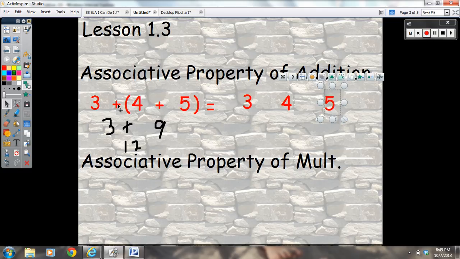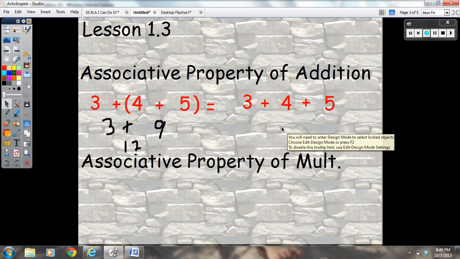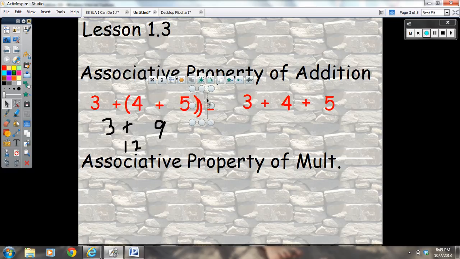Alright, so if I took this 3, this 4, and this 5, and instead of grouping them around the 4 and the 5, if I took them and I grouped, let's say, the 3 and the 4, the associative property tells me I'm going to get the same answer.